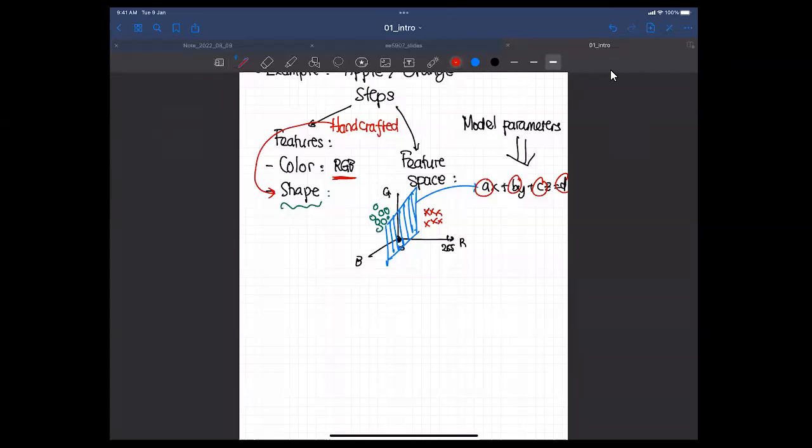If your domain is data mining, text for example, then your features are based on the text. So features are domain specific. That's why in this course, because this is about general machine learning, we will not discuss feature extraction. If you want to learn about feature extraction for computer vision, you have to take visual computing, another course this semester. All right, any questions?